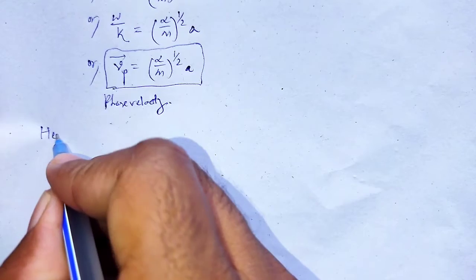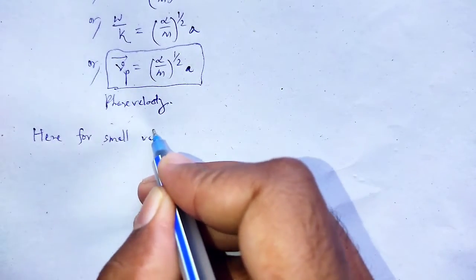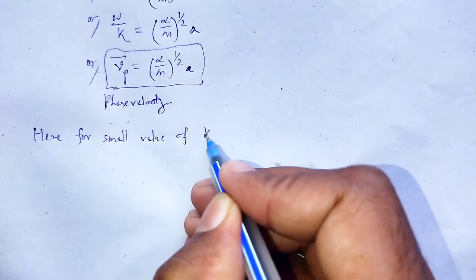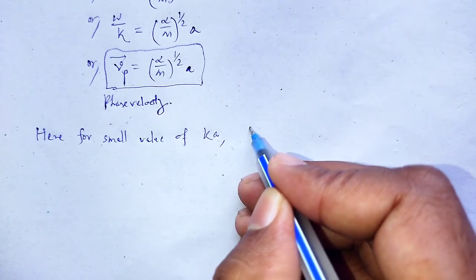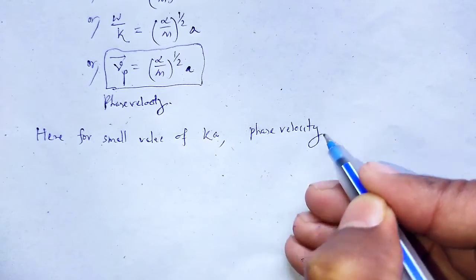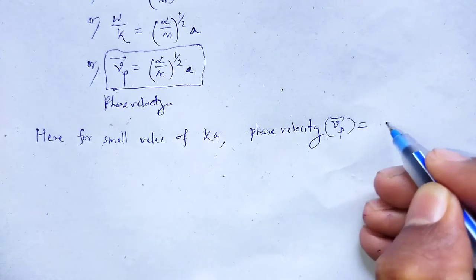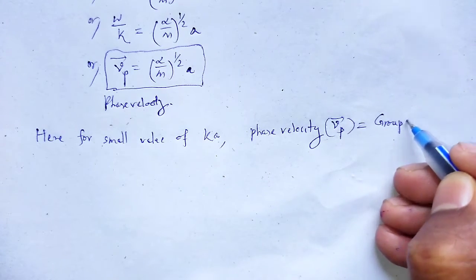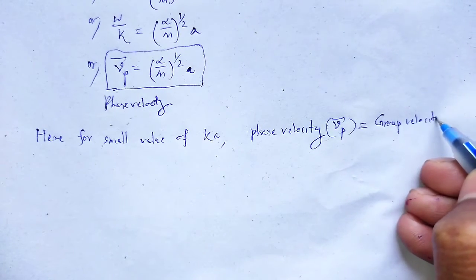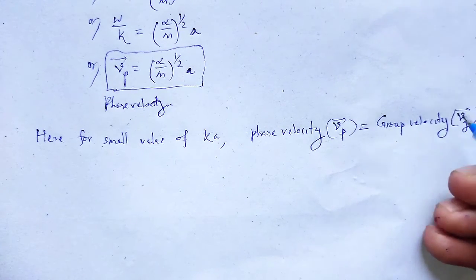Here, for small values of Ka, phase velocity Vp is equal to group velocity Vg.